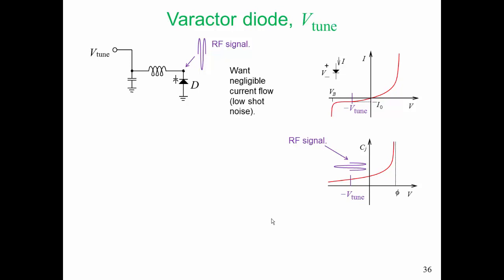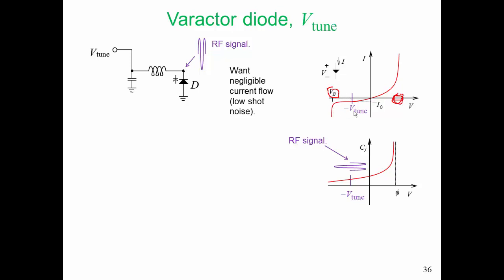Now we want negligible current flow because that will give us low shot noise. As well, if there is any current flow, we will have a finite conductance. And so we have a region here where there's a lot of current flow when our voltages are out here near the turn-on voltage of the diode, and when we're near the breakdown voltage, there will be a lot of current flowing in the reverse direction.